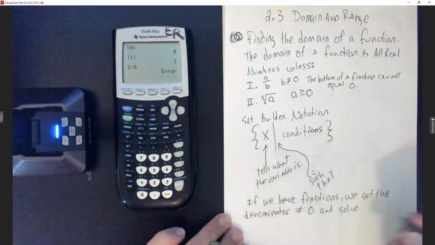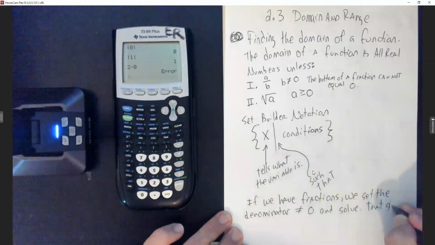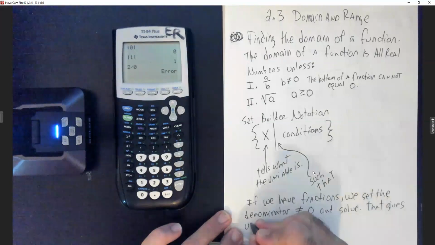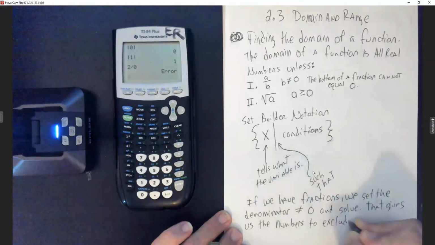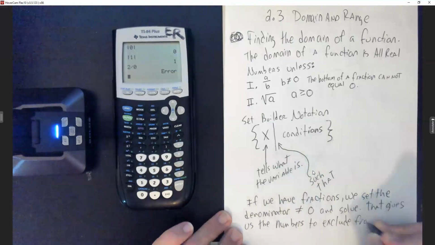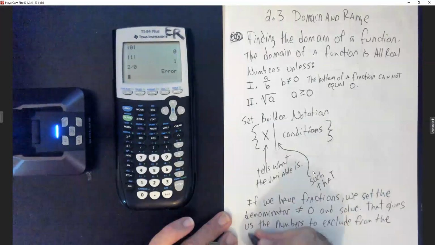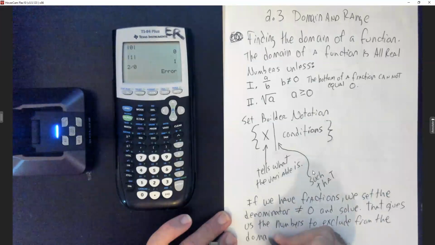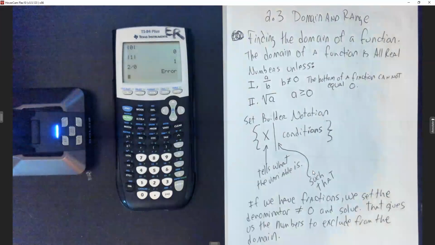That gives us the numbers to exclude from the domain. Okay, because remember, the domain naturally is all real numbers, but when we got a fraction, we got to exclude some of these numbers that make it equal to 0 in the denominator.